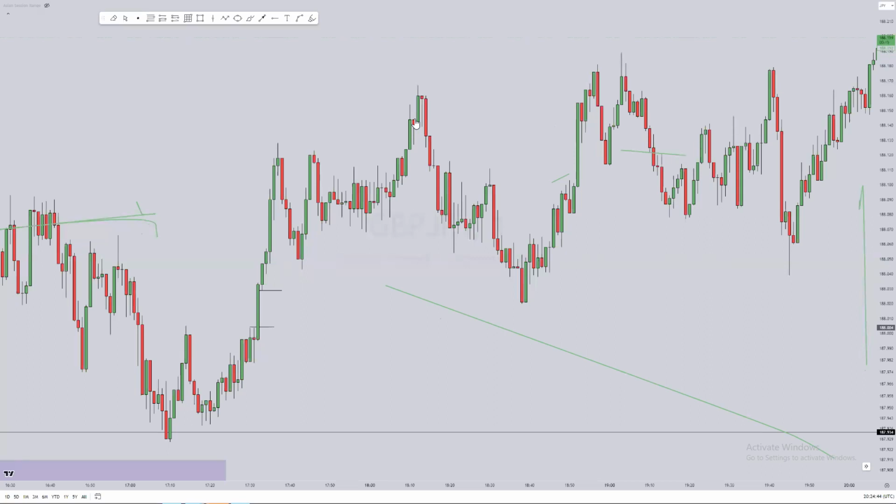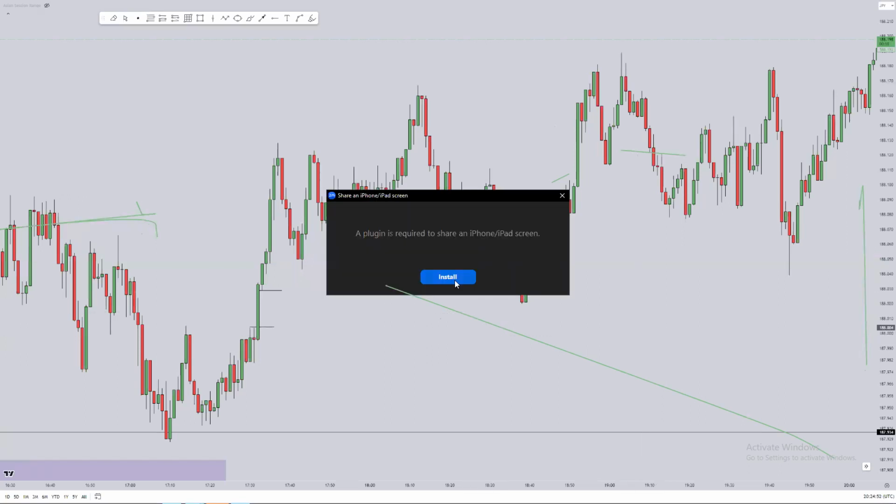If you understand what imbalance is, just tell me, say I understand. If you don't, just tell me I don't understand. It's easier for me to identify if you do or not. All right, great. Any other person?